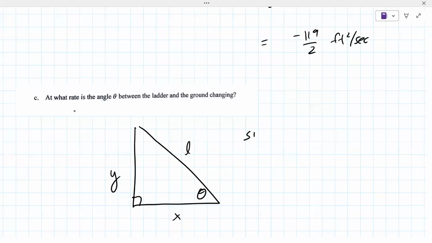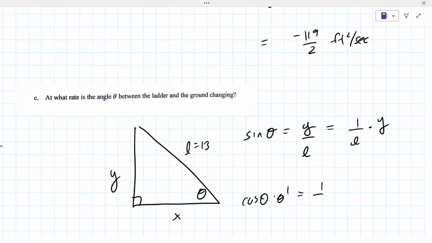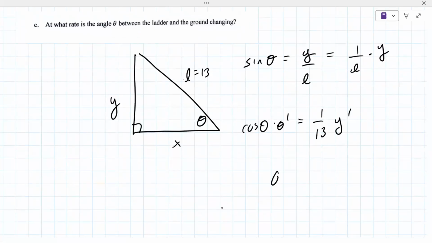So if you use sine of theta, which is y over L, when you take the derivative, the derivative of sine is cosine theta, theta prime. This is really 1 over L times y. The 1 over L is a constant because the ladder isn't changing. It's 1 over 13 y prime. It's a little bit easier to calculate that. So theta prime is y prime over 13 cosine theta.